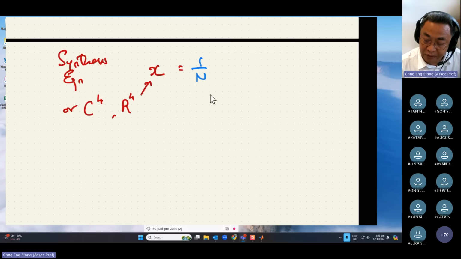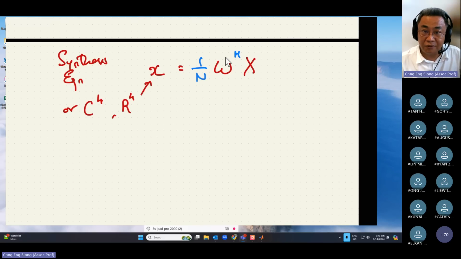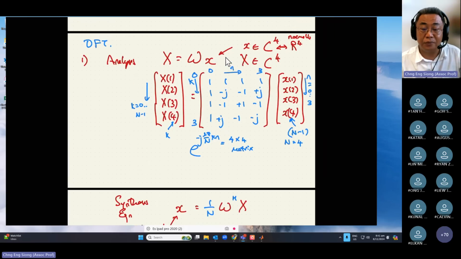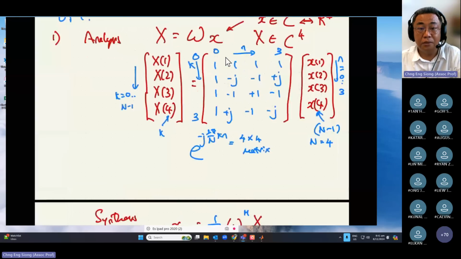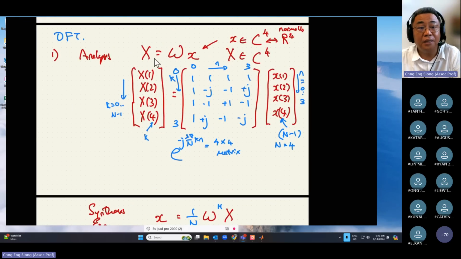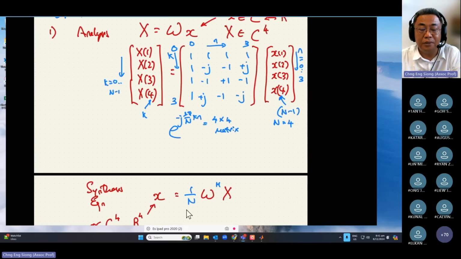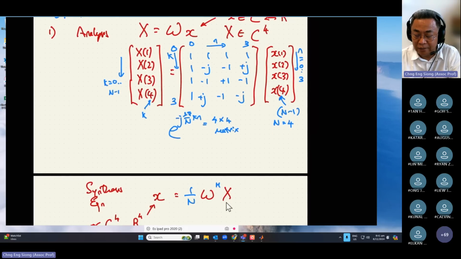And the key difference is W^H. And then the next difference is the big X. So I'm highlighting the difference between the synthesis equation and the analysis equation. Can you see? The analysis equation is big X equals W x. The synthesis equation is 1 over n W^H X.